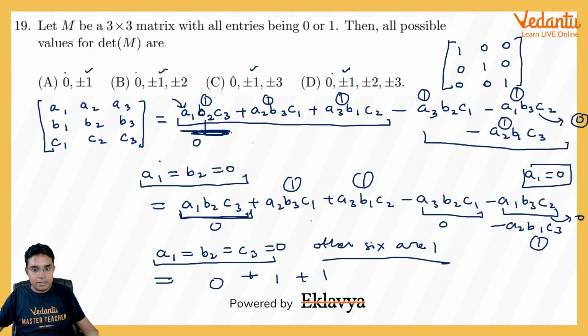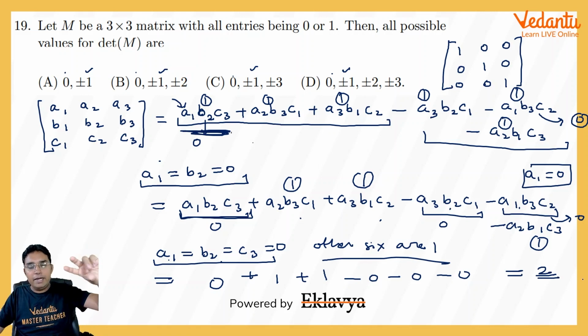So in that case, this will be 1, this will be 1, but this A1 will make this term 0, B2 will make this 0, C3 will make this 0. So you can see all these terms with minus sign will be 0, 0, 0. So 2 seems also to be possible and minus 2 will also be possible. You just have to interchange the rows or columns. So minus 2 is also possible.